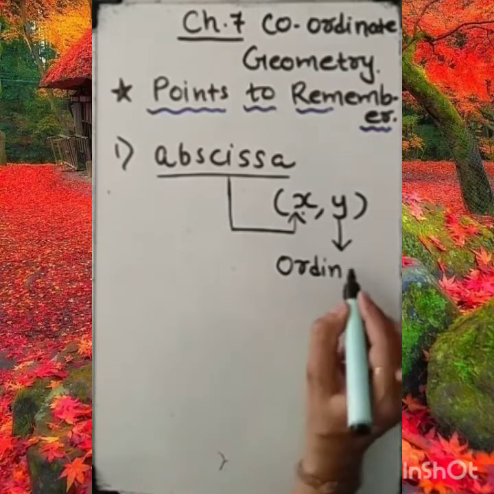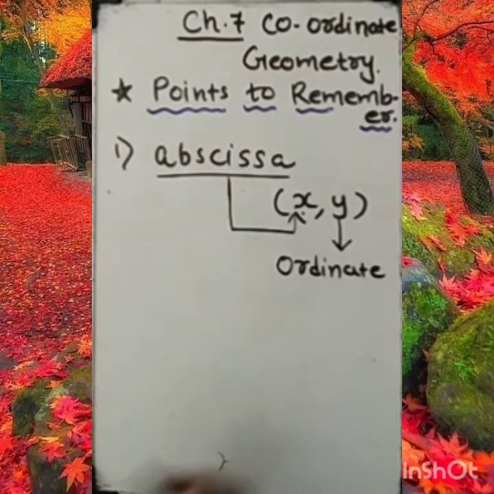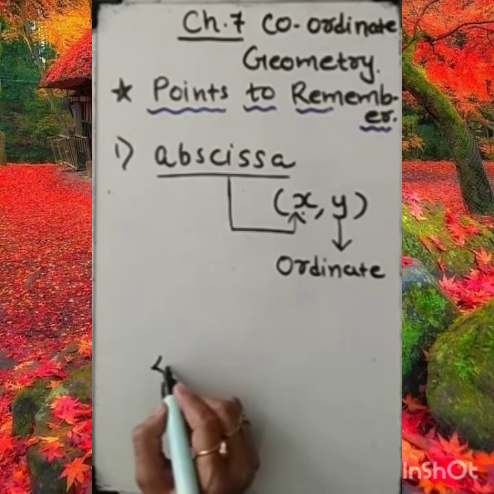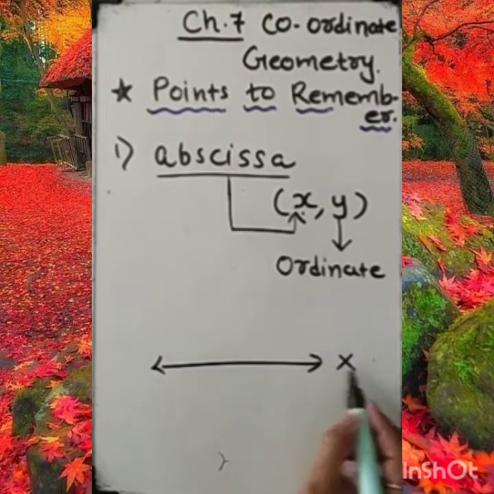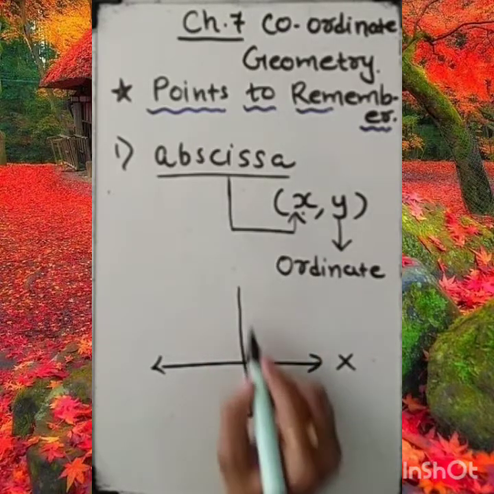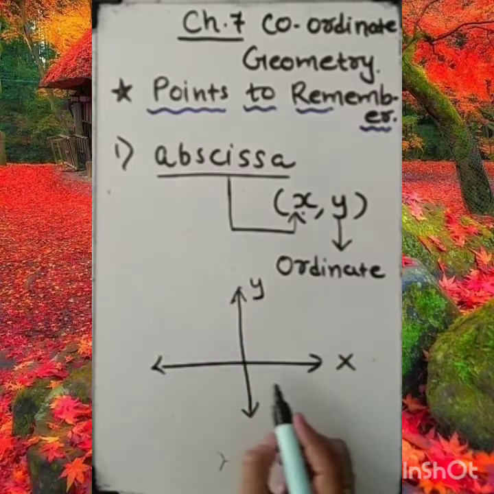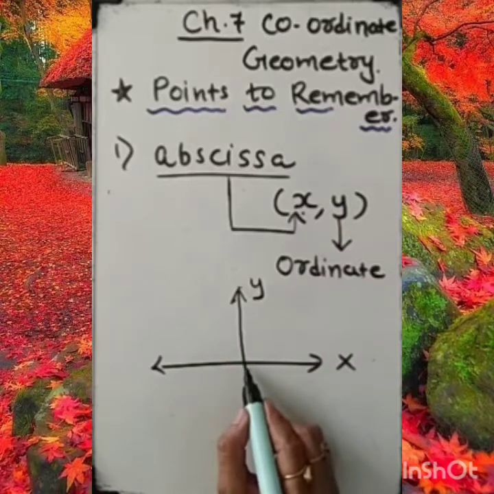Please remember, dear student. Now let me clarify the first sentence. Abscissa of a point is a perpendicular distance. This is the x-axis. This is our y-axis. Now what is abscissa? It is a perpendicular distance from the y-axis.